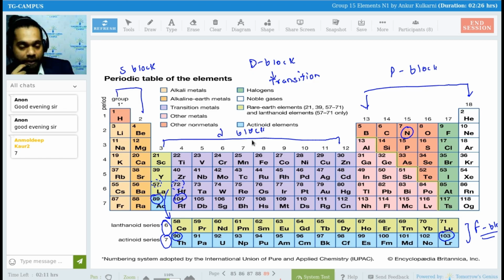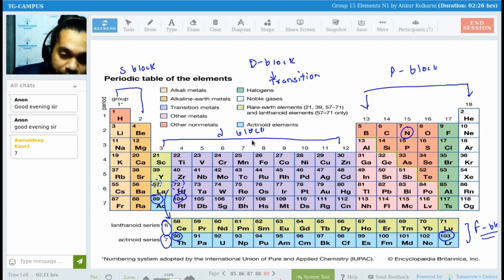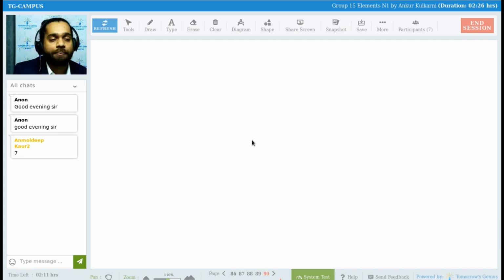Correct. Over here, because of nitrogen, your last electron enters in which subshell? Your last electron, nitrogen, everyone. What is the atomic number of nitrogen? Yes, it is 7.